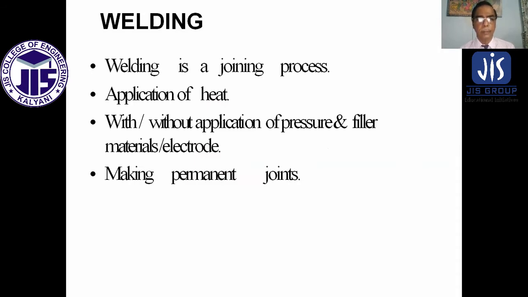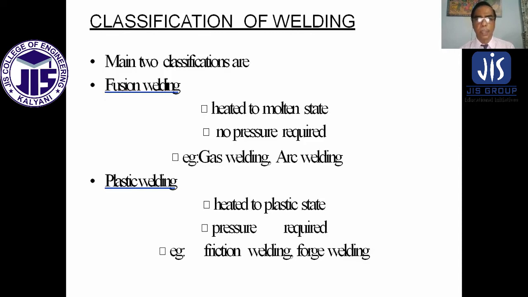Welding is a joining process by application of heat, with or without application of pressure, and filler materials or electrodes, making a permanent joint. There are two main classifications of welding. One is fusion welding, where the material is heated to a molten state and no pressure is required, such as gas welding and arc welding.